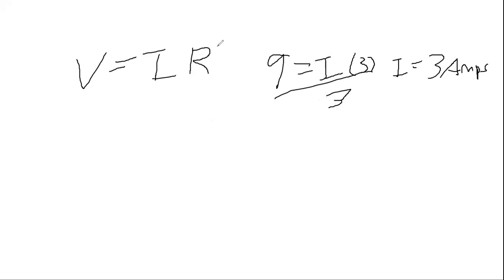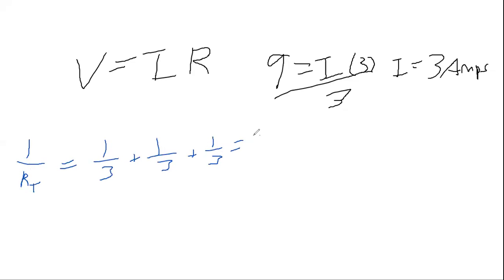All right, part 2, we'll change up the color here too. To find the total resistance, that's 1 over R total equals 1 over R1, which is 3, plus 1 over R2, which is 3, plus 1 over R3. And 1/3 plus 1/3 plus 1/3 is 1.